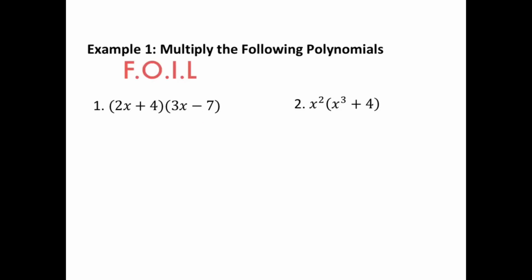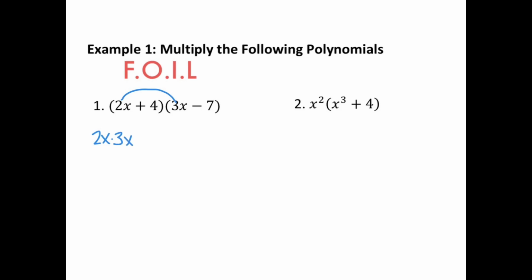So keep in mind that the F, O, I, and L, first, outer, inner, last, refers to its placement in this multiplication expression. I will also show my work in a way that you will see that it's still just basic distribution. When I do my first terms, I'm going to multiply 2x times 3x. Those are the first terms in each of those binomials.